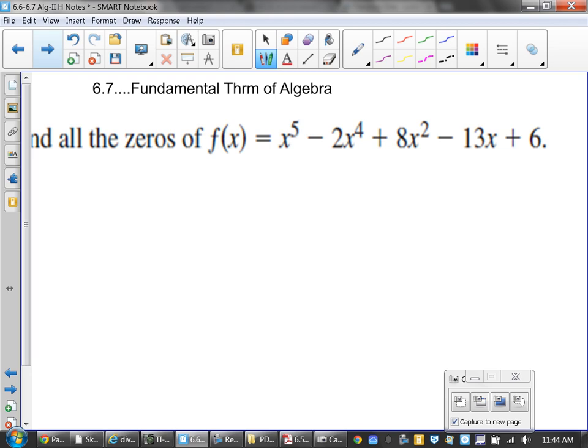But knowing how to find your rational zeros, I list out all of the possible factors of my constant: plus or minus 1, 2, 3, and 6, all divided by 1. We're going to list out all the zeros of this and factor it fully using synthetic division.